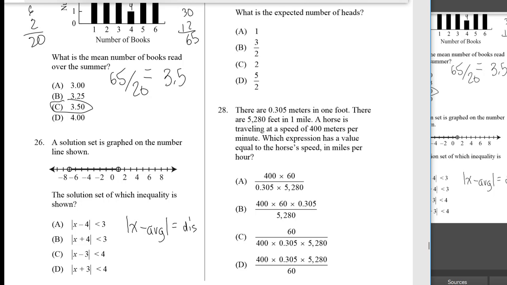When I say the average, what I mean by that is I'm going to take the endpoints. So this is 1 and this is -7. 1 minus 7 is -6. Then I divide that by 2, because there's 2 endpoints. I'm going to get an average of -3.